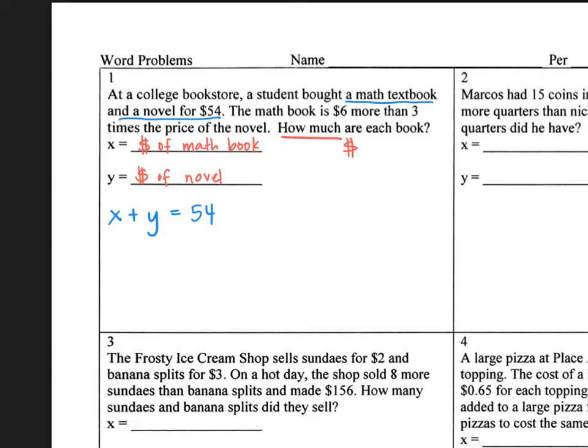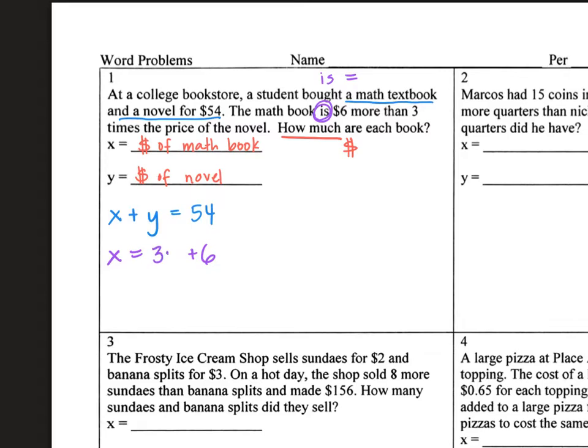Second equation: the math book is, "is" usually means equals. So the math book, we're going to use x because that represents the price of the math book, equals 6 more than, that means plus 6, 6 more than 3 times the price of the novel.